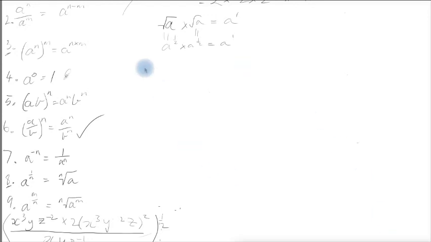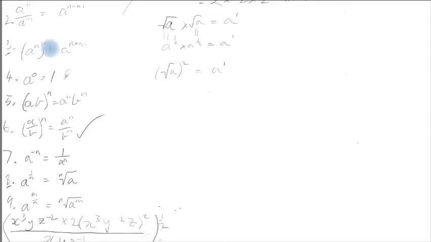But there is in fact a better way to do it. The square root of a times the square root of a is the square root of a squared, and the square root of a squared equals a^1. So if we want to get this bit here to 1, what we need to do is one of these times things from rule number 3.